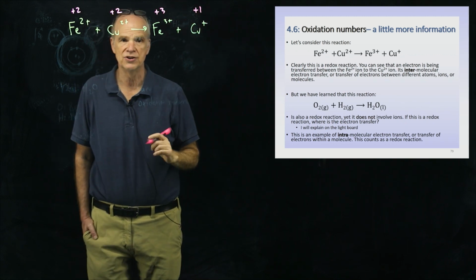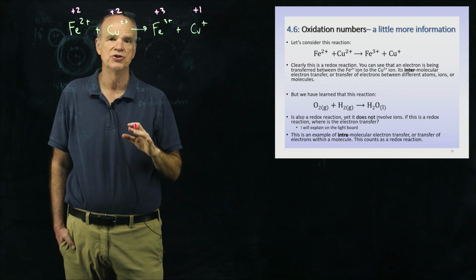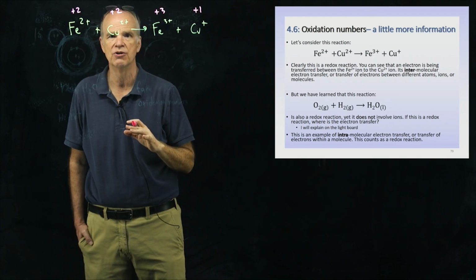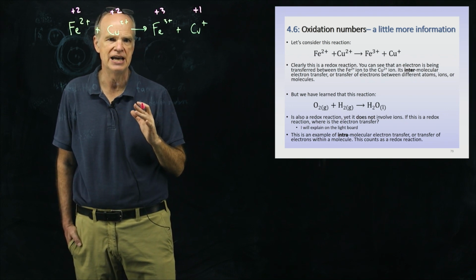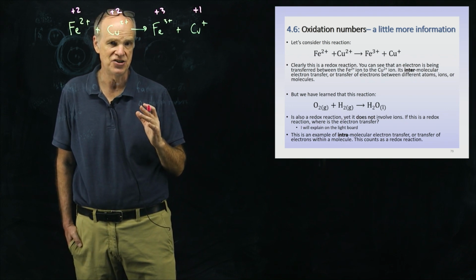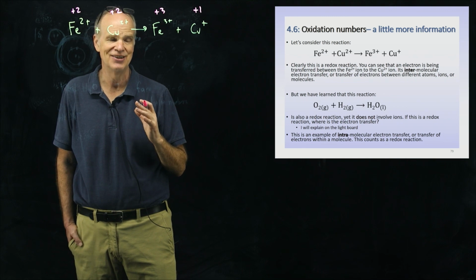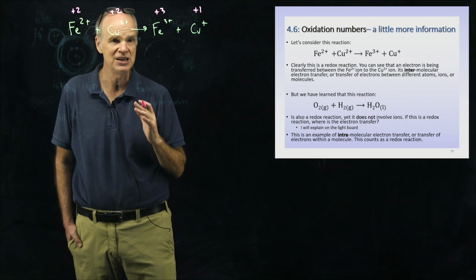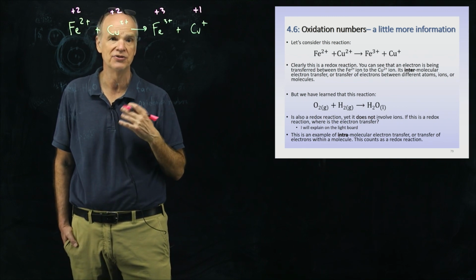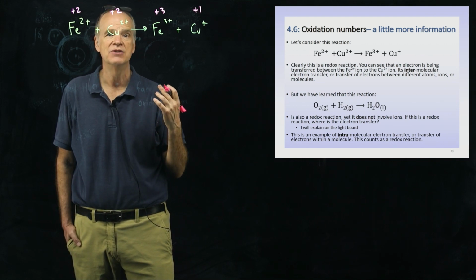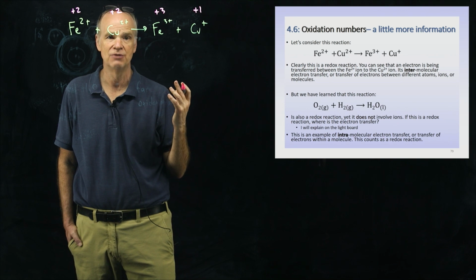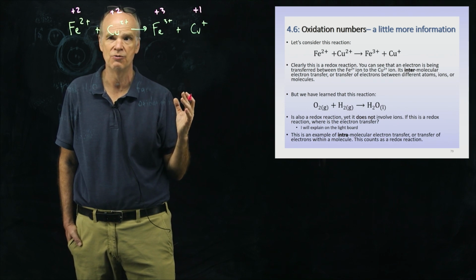So we can clearly see that the oxidation numbers for these ions are changing as you're going from reactants to products. And also, I think you can sort of understand the reason why they're changing is because electrons are leaving one species, making it relatively deficient, and going to another species, giving that species a relative excess compared to what we had before.